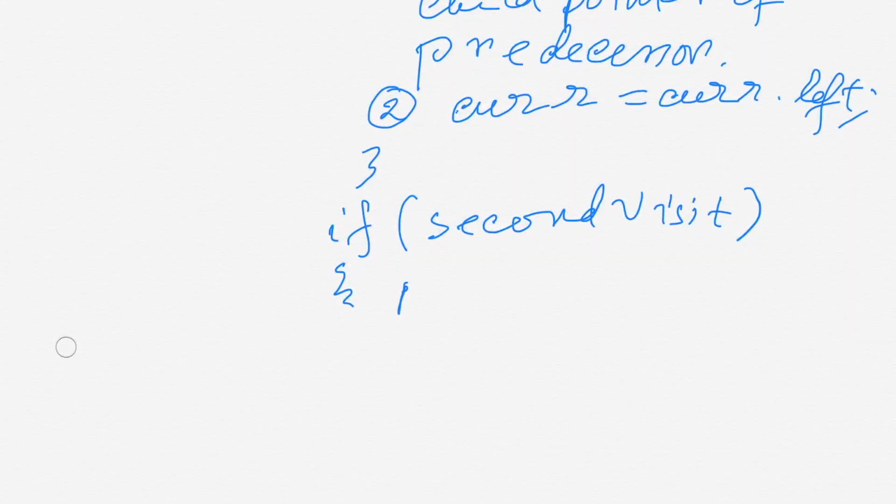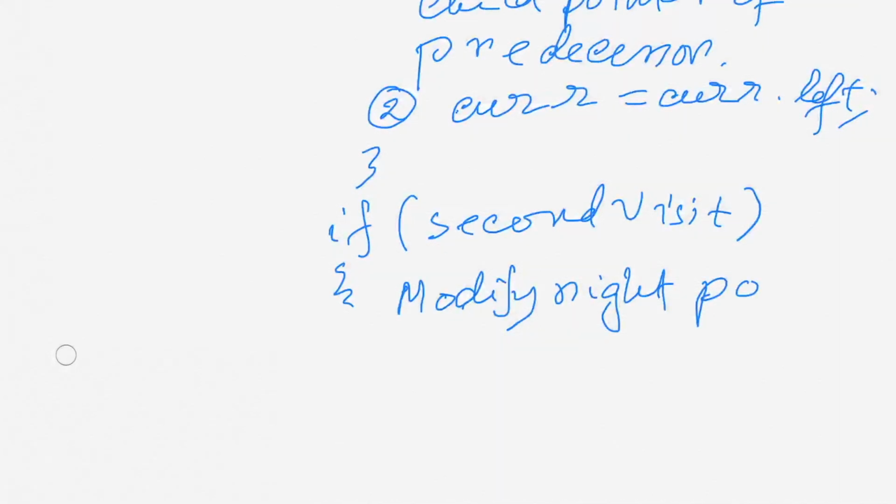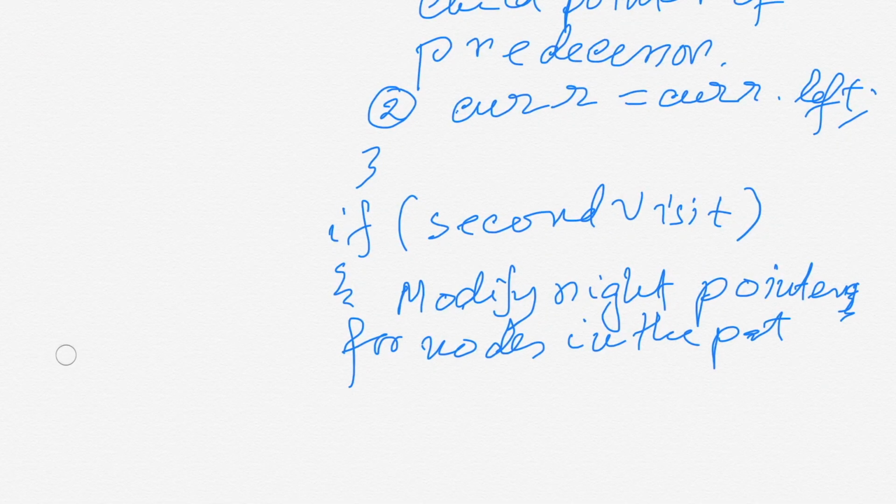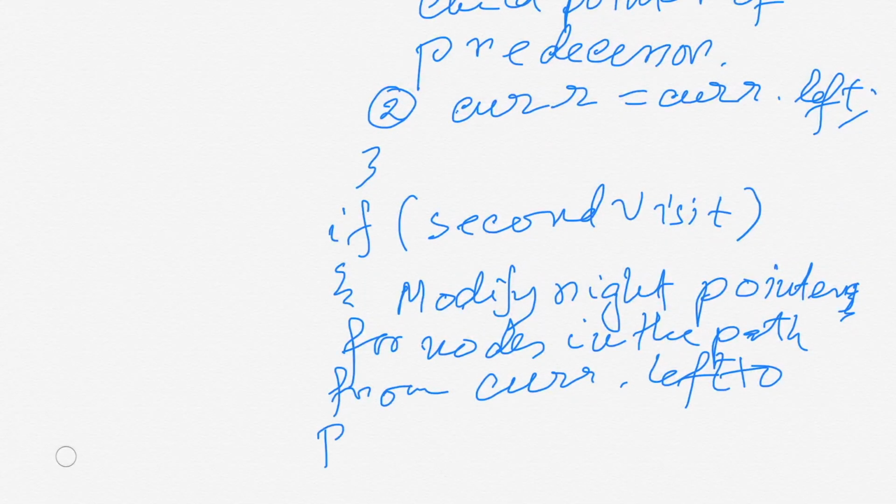So modify the right pointer for nodes in the path from current left to predecessor.